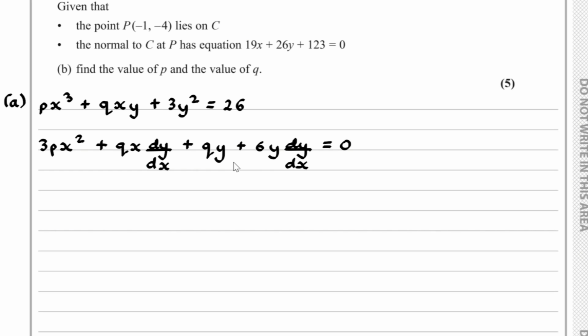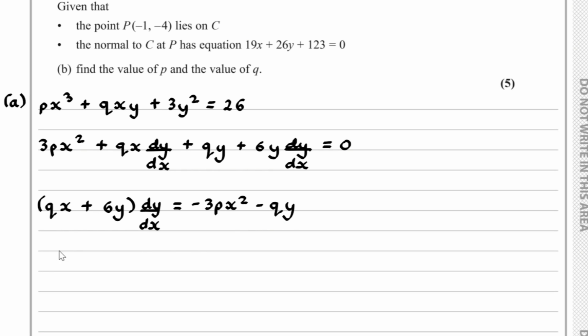If we now factorize and group like terms together, well, in terms of the dy over dx's, we've got qx plus 6y lots of dy over dx. And this is equal to minus 3p x squared minus qy.